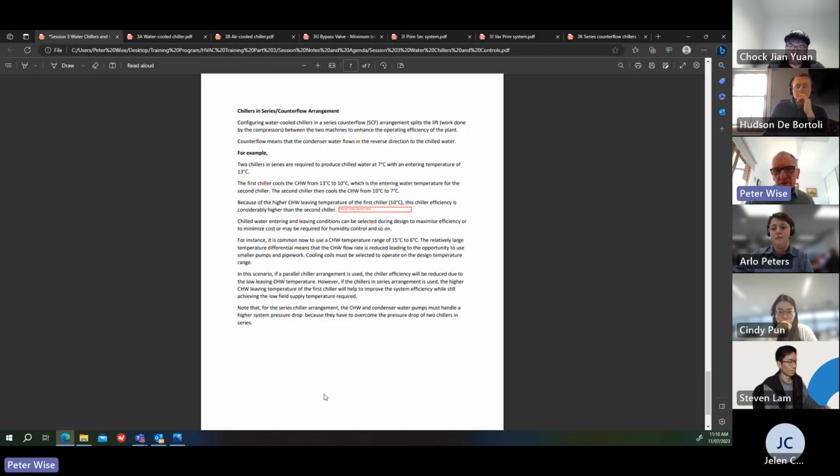Primary, secondary is pretty straightforward. Variable primary is getting more complex, and series counterflow is complex as well. So what is normally done is the chiller suppliers will provide the package for the control of the central plant. So the decision would usually be with them. I mean, designers will have their ideas, but you really need to talk to the suppliers to see how they want to operate the plant.